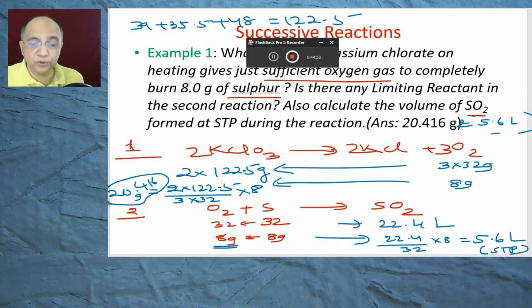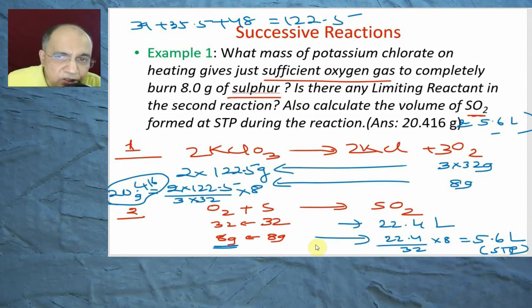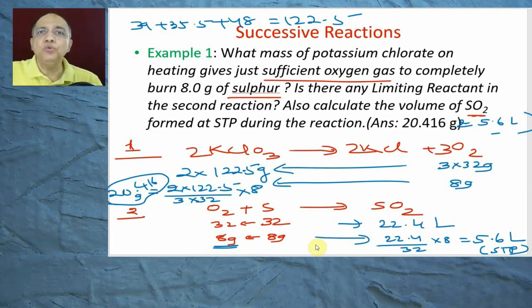It is 44 minutes, another 15 minutes. What mass of this is a successive reaction. That means the product of the first reaction will be the reactant in the second reaction. Maybe the product in the second reaction will be the reactant of the third reaction.